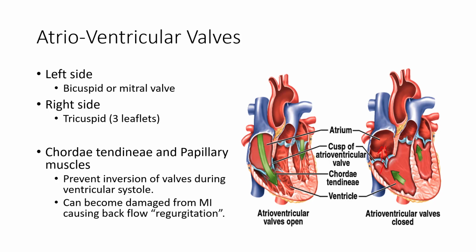We don't want these to open. We want these to be closed so that we have a fixed volume as the heart contracts. We're building more and more pressure, and eventually enough to open up the pulmonary valve and the aortic valve. So it's really critical that these stay closed so we can keep a closed system and only let blood move out of this direction.